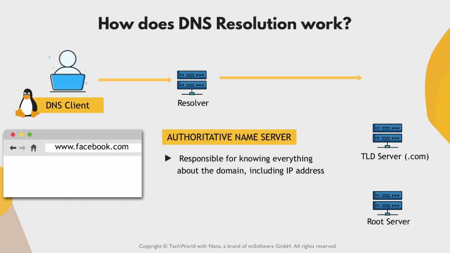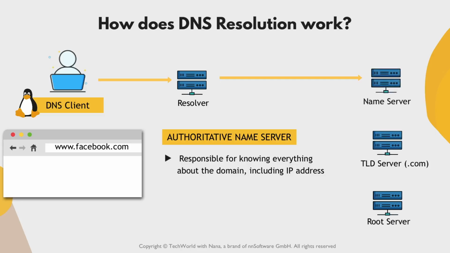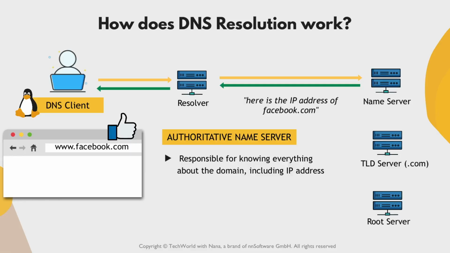So finally, the resolver chooses the IP address of one of the authoritative name servers from the list, asking for facebook.com's IP address. And this time, the name server responds with the actual IP address of facebook.com. So now your computer can send the request to Facebook's IP address.